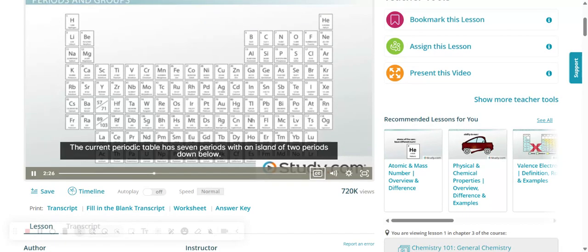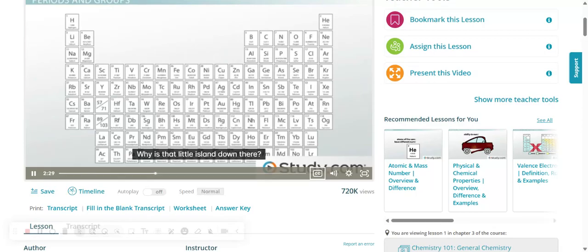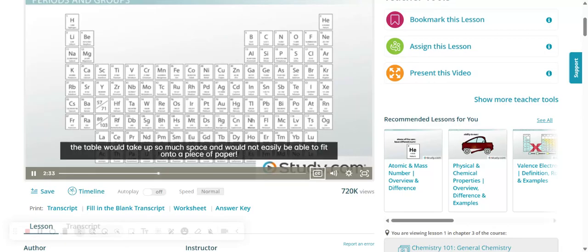Why is that little island down there? It's really just because if those two rows were put into the periodic table where they belong, the table would take up too much space and not easily be able to fit onto a piece of paper.